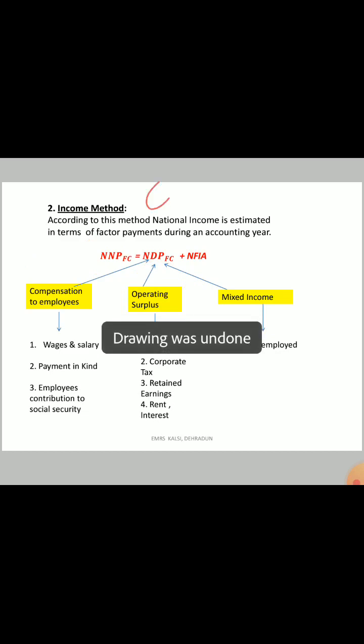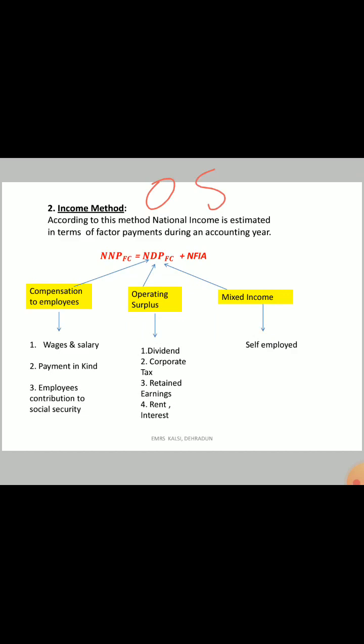This operating surplus is divided into two parts: income from property and income from entrepreneurship. How does a person earn income from property? By getting rent.